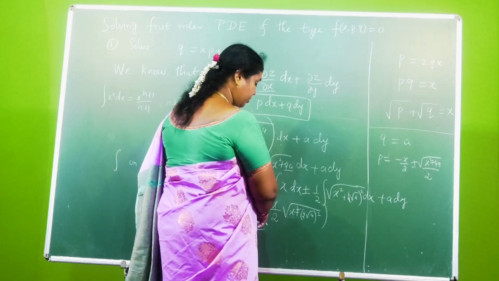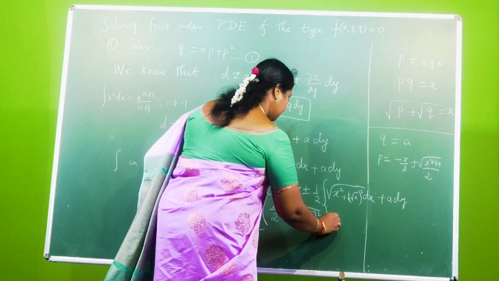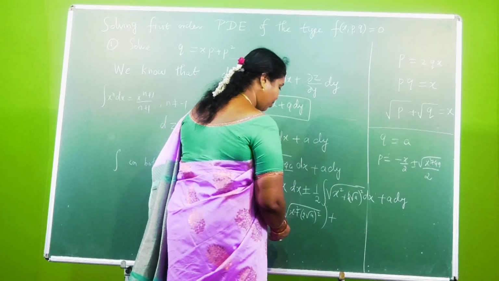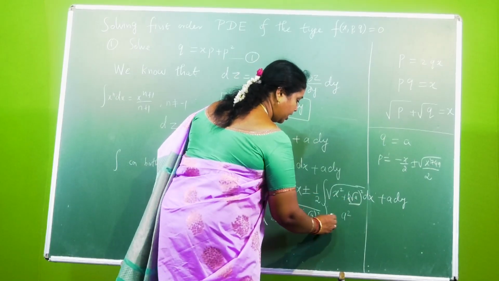Here 1 by 2 is common, so we put it outside the bracket. So x by 2 square root of x square plus a square is the first term. The second term will be a square by 2.